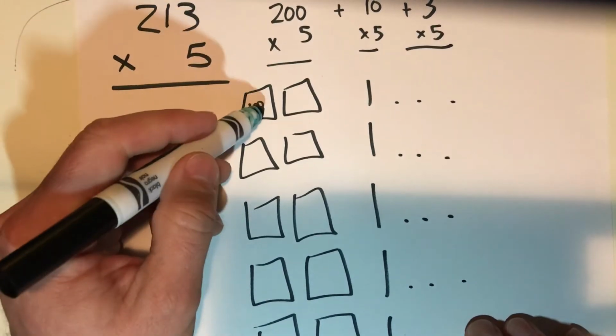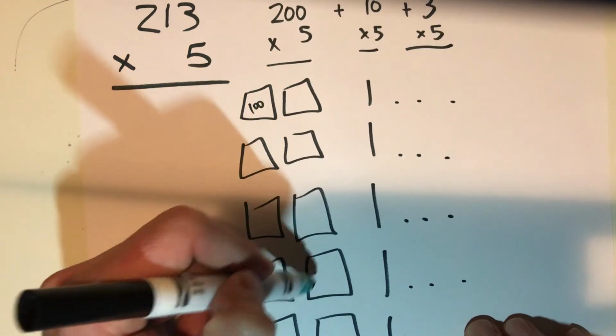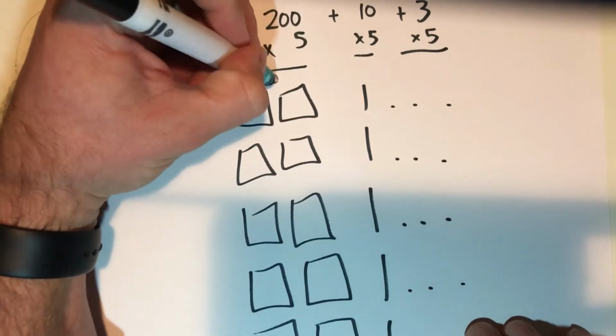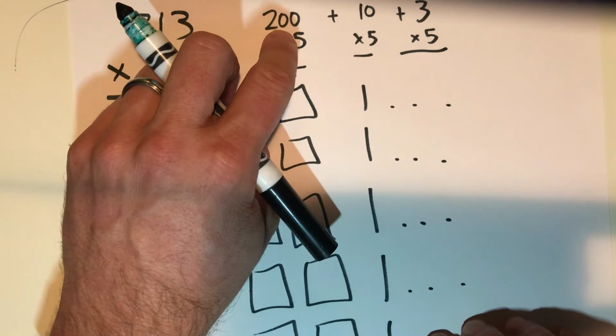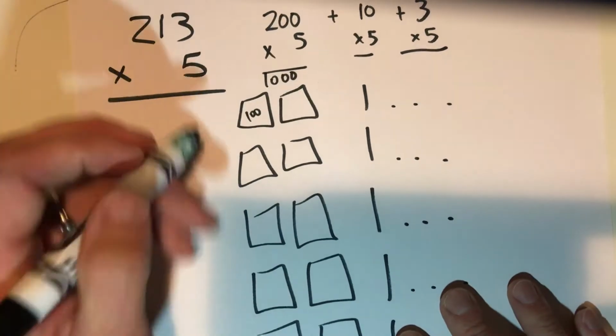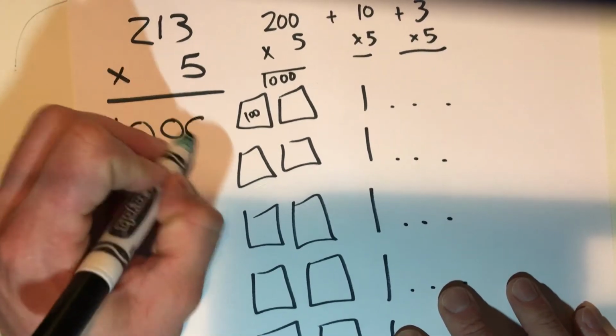So we'll count 100, 200, 3, 4, 5, 6, 7, 8, 9, 10 hundreds, or 1,000. Remember we've done 2 times 5 is 10, and we get 10, 100 times bigger. Okay, so one part is 1,000.